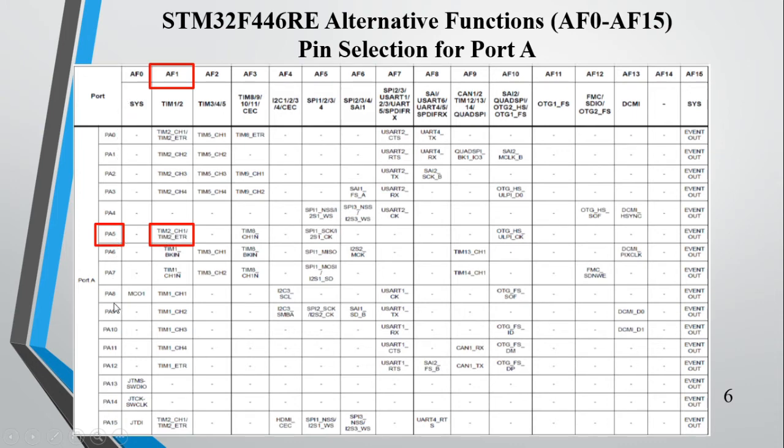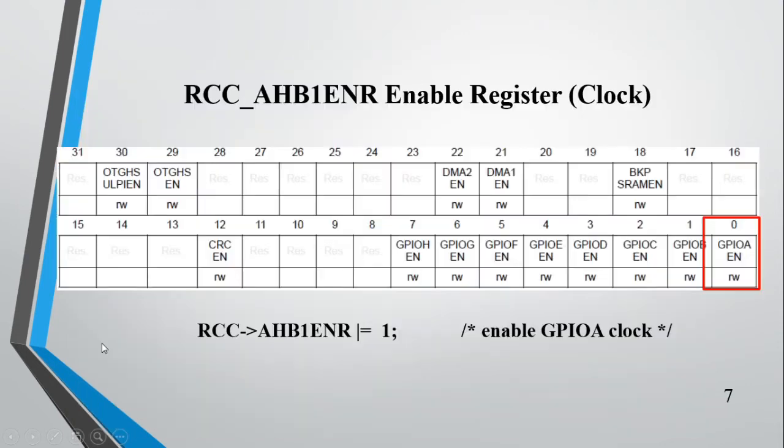So the GPIO port A should be connected to the clock, or the clock should be enabled for GPIO A. That is the first step. How will you enable that? AHB1 enable bit 0 should be set as 1. So the 0th bit of AHB1ENR should be set as 1 in order to enable the clock for GPIO A.